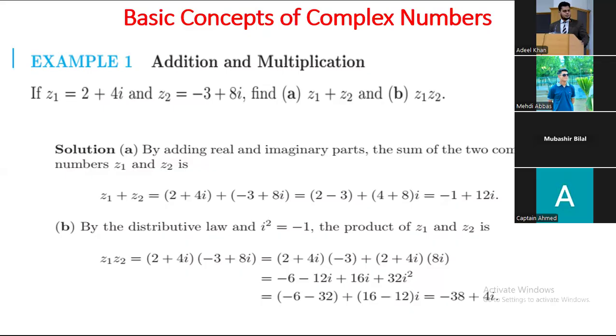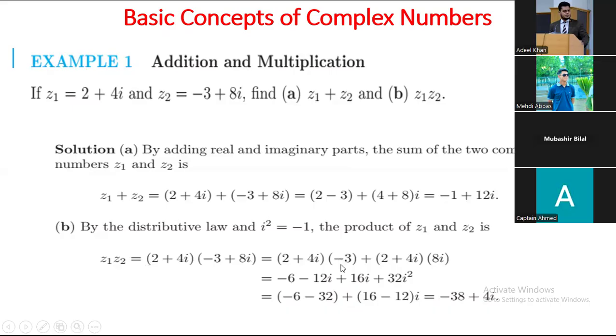Coming towards the next example, part B. How can we multiply the two complex numbers z1 and z2? The 2 plus 4 iota would be multiplied with -3, as well as with 8 iota.